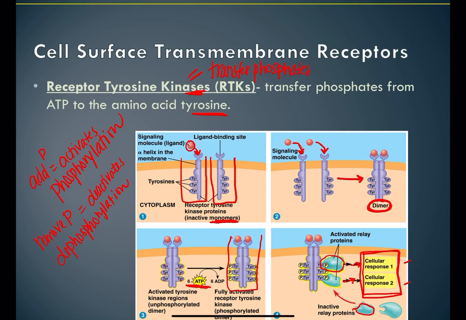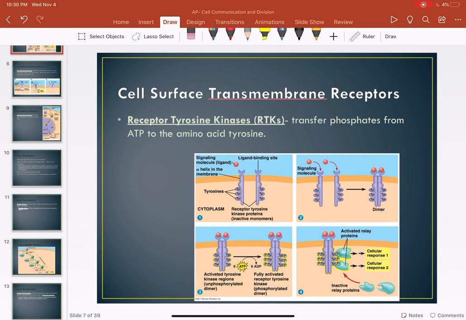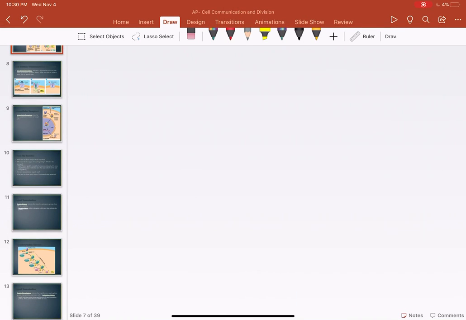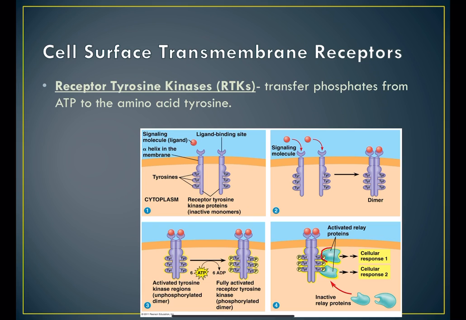G protein coupled receptors can't do that. If we look back at our G protein coupled receptor, it just had one cellular response because there was one enzyme that got activated. But over here, 2 different enzymes got activated because they can bind to those phosphates. So technically we can have more because there are plenty more phosphates left, and this can cause multiple cellular responses.